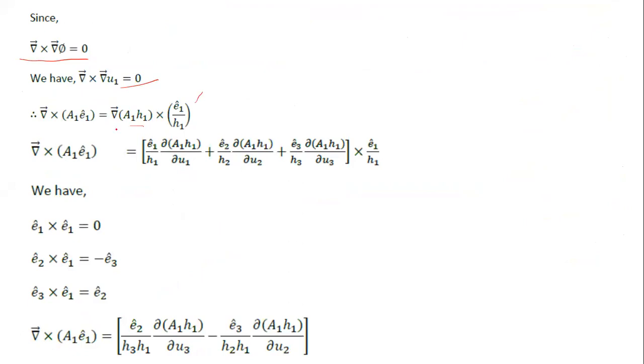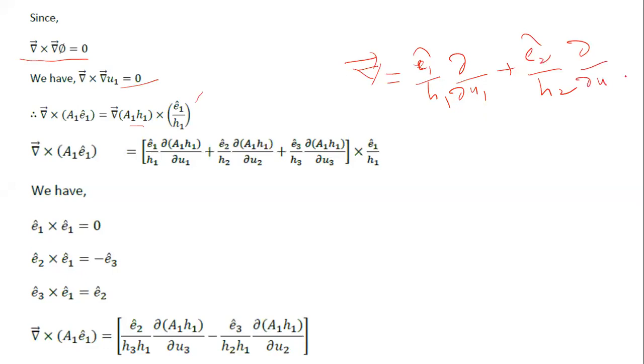You have to write the gradient of A1 H1 using your del operator in the orthogonal curvilinear coordinate system. This is the formula which you have to remember: del operator is e1 cap upon h1 del upon del u1 plus e2 cap upon h2 del upon del u2 plus e3 cap upon h3 del upon del u3.